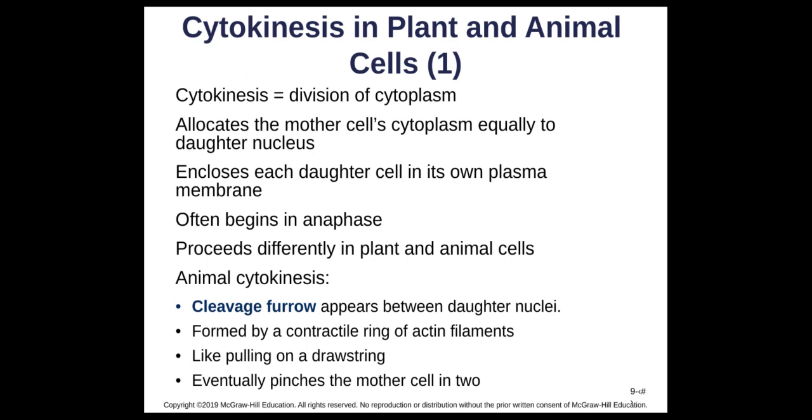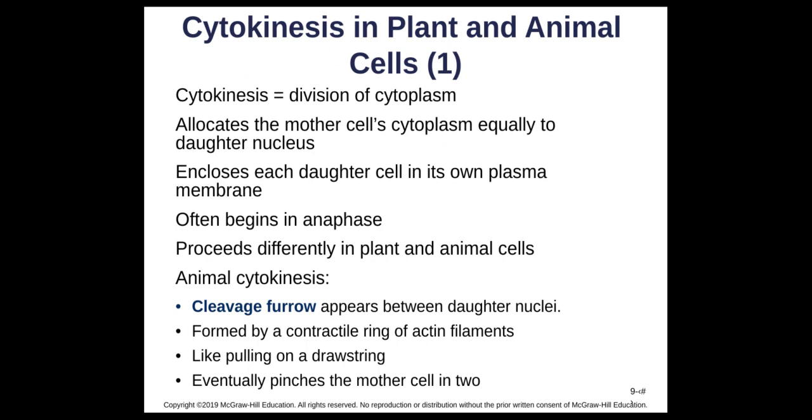It is going to happen when this plasma membrane pinches in or encloses on each daughter cell, and now we're left with two new cells. Truly, this starts in anaphase. It's very present by telophase, but it is its own process, right? Cytokinesis is the cytoplasm. Mitosis is the nucleus.